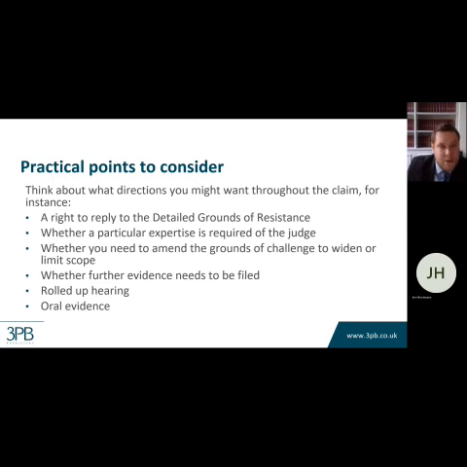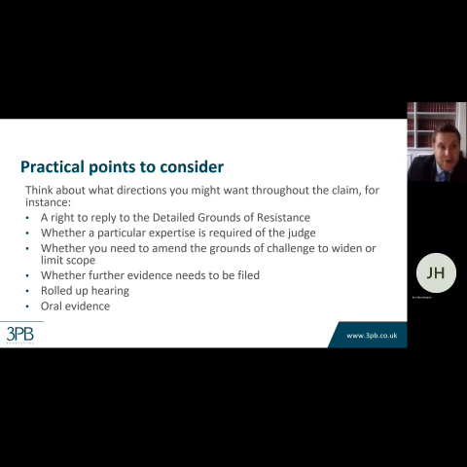Firstly, once you've received the defendant's detailed grounds of resistance, if you're a claimant, you don't have, under the CPR, a right of reply. And if you stick strictly to the CPR rules, you won't put in a reply. In practice, in 90% of judicial review claims, a claimant will put in a reply to the defendant's detailed grounds of resistance, and the court will typically consider it as long as it's in good time before the permission decision is made.